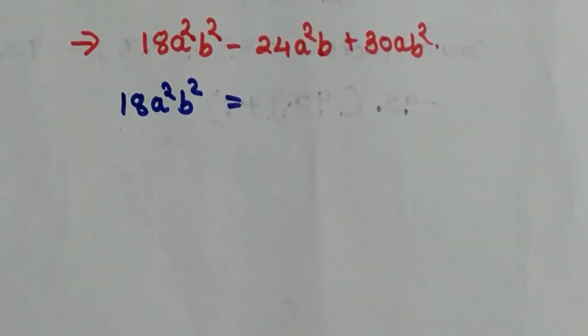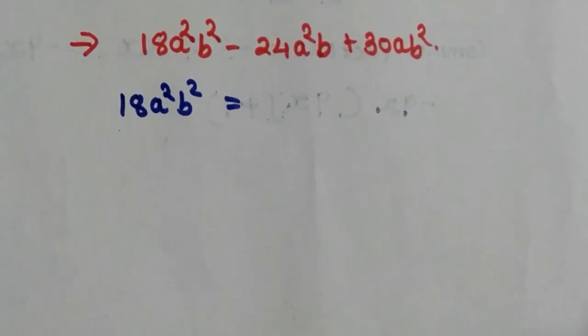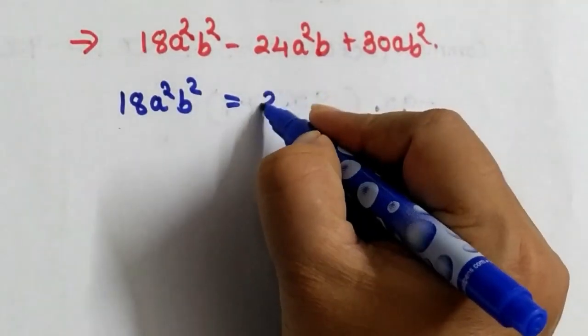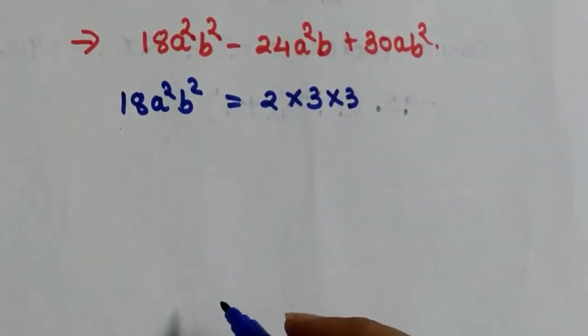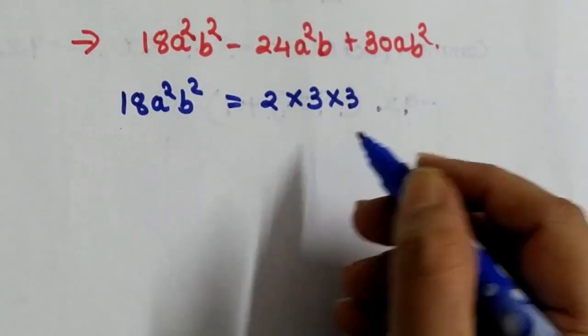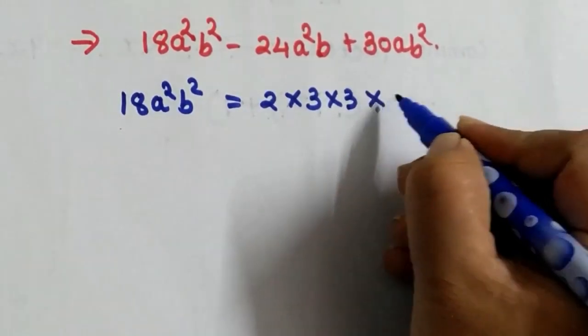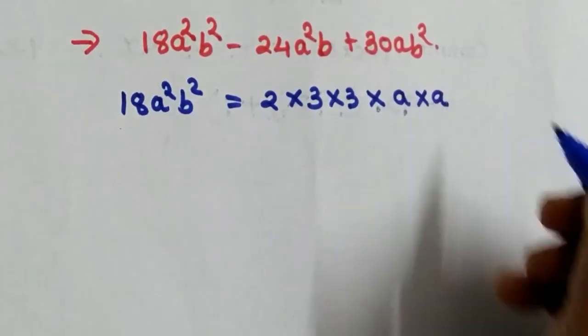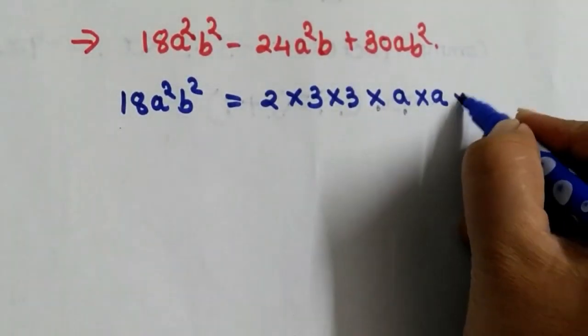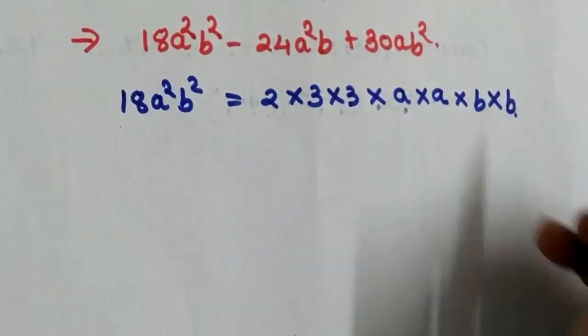We will write the prime factors of 18, that is 2 multiplied by 3 multiplied by 3. So 2 3s are 6, 6 3s are 18, and in the same way we'll write the factors of a square, so a multiplied by a, and in the same way b multiplied by b.